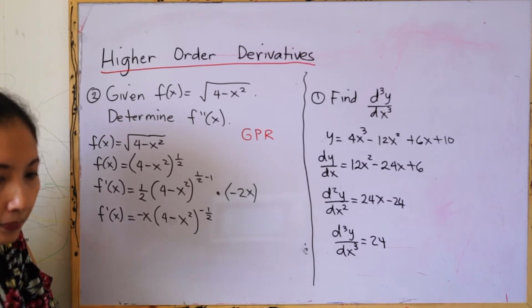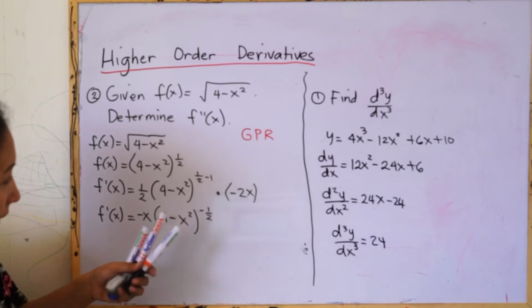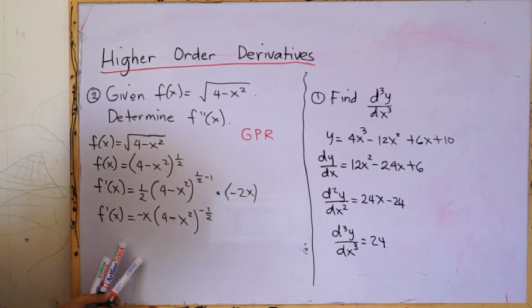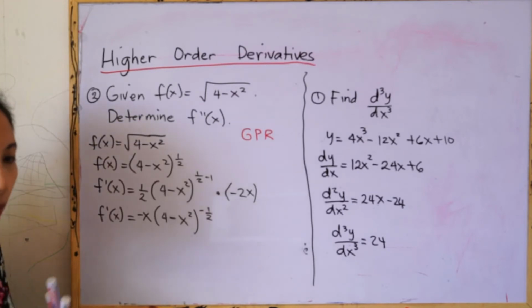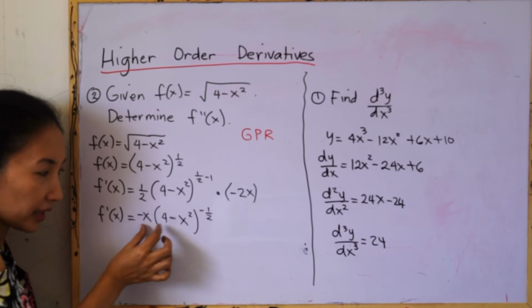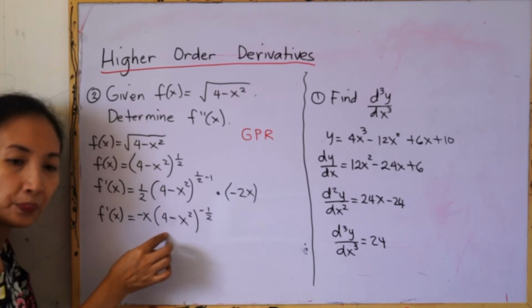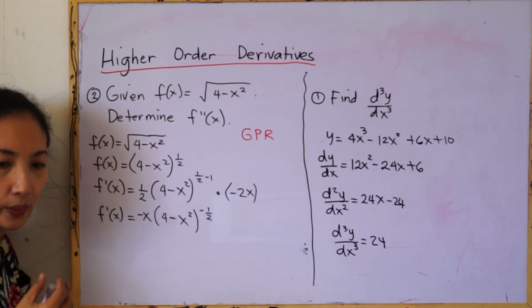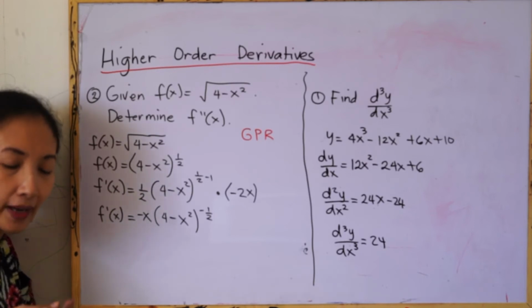Now, take note of the first derivative. What can you say about its form? We have negative x multiplied by the quantity 4 minus x squared raised to negative 1/2.